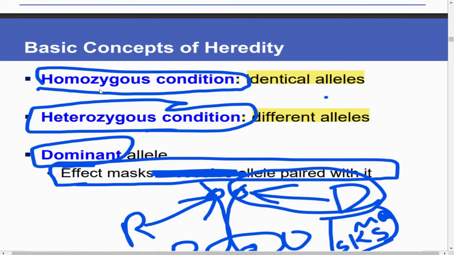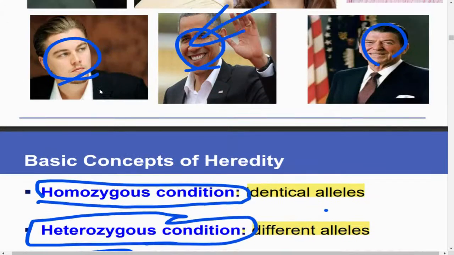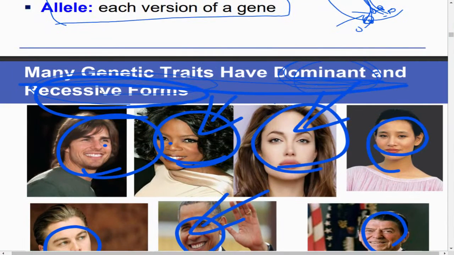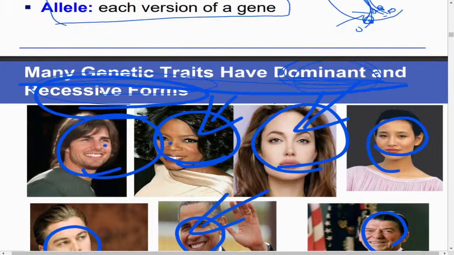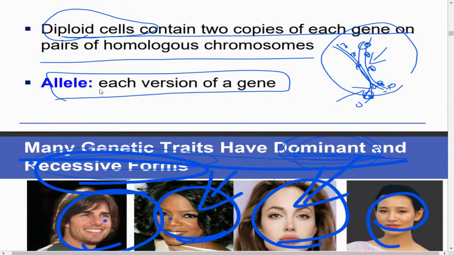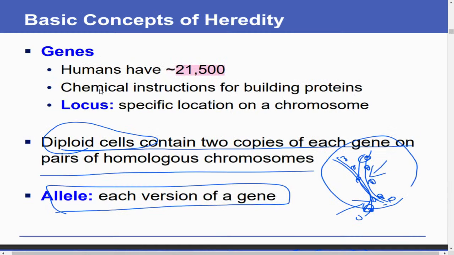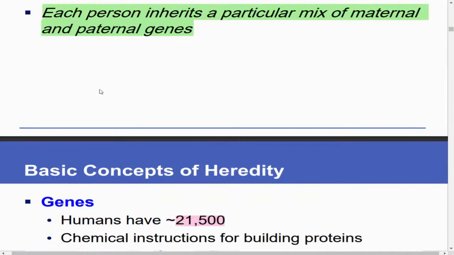Dominant alleles: the effect of the dominant allele masks the weaker recessive allele. There are many famous people having dominant and recessive alleles in the world. Number of genes in human, 2,500. Locus, the location of the gene on the chromosome.